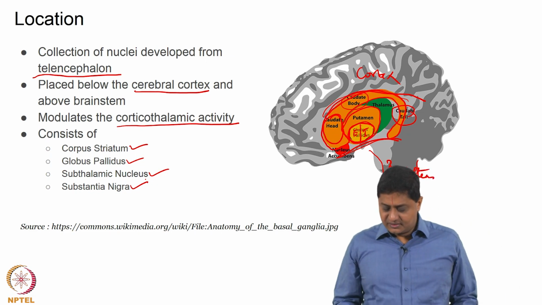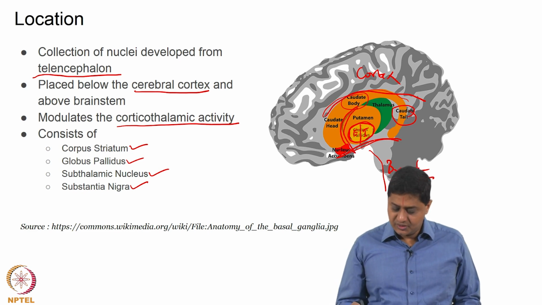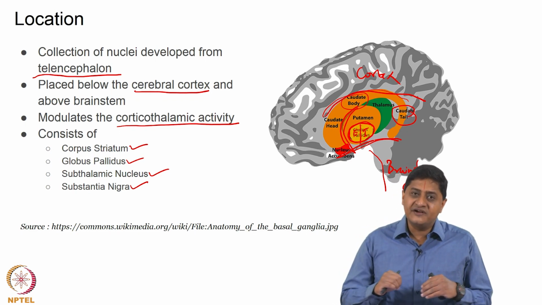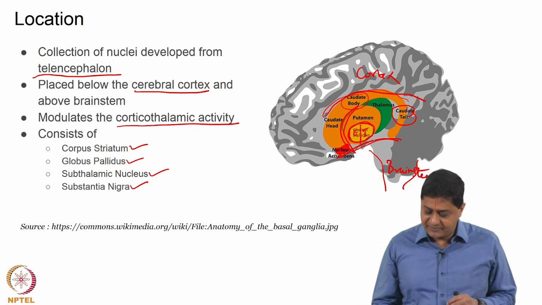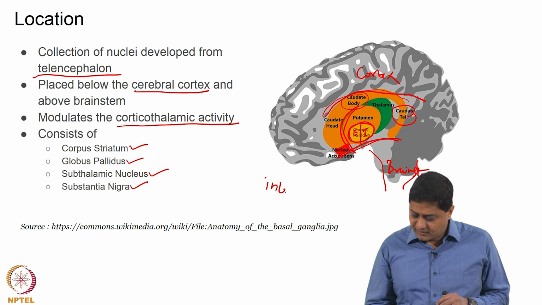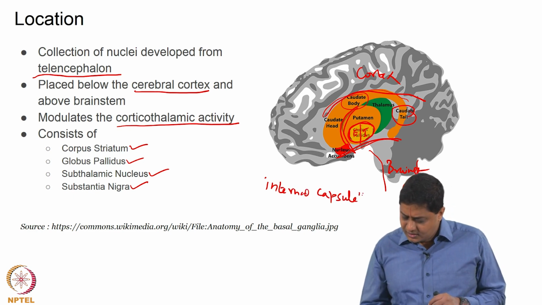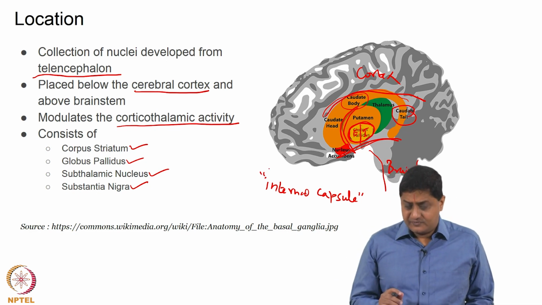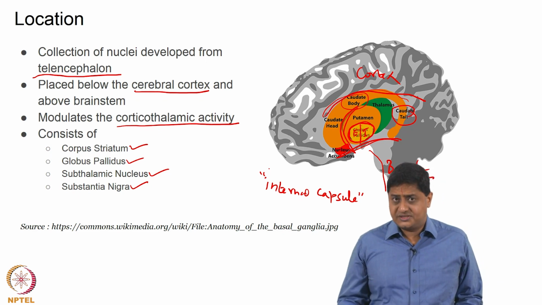It turns out that the caudate and putamen are actually divided, maybe it is not visible in this picture, but in future pictures I will show you that the caudate and putamen are very similar structures that are divided into two separate nuclei by what is called the internal capsule. What is this internal capsule? This is white matter from the cortex going to lower structures.